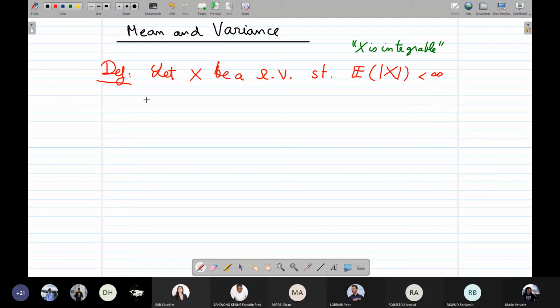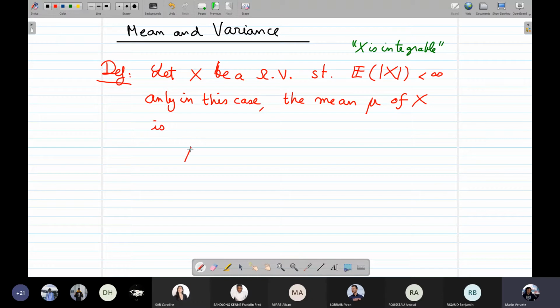In this case, and only in this case, we define the mean mu of the random variable X, mu of X, defined by the expectation of X. And this is equal to the sum of n times the probability that X equals n, from n equals 0 to infinity.